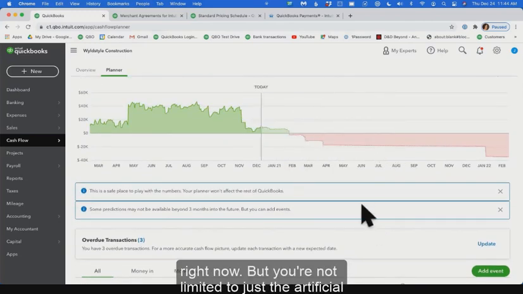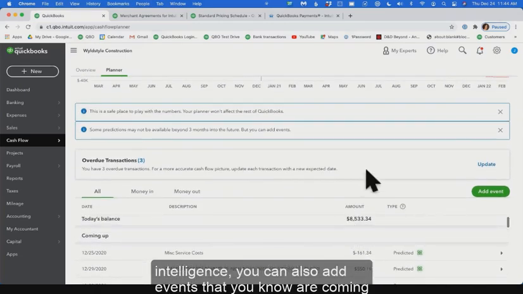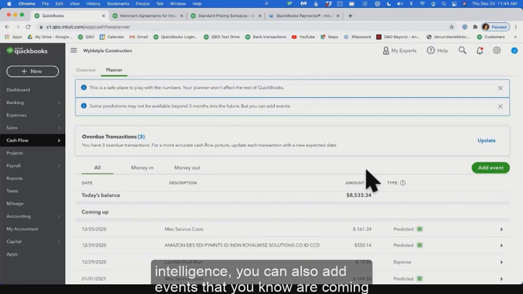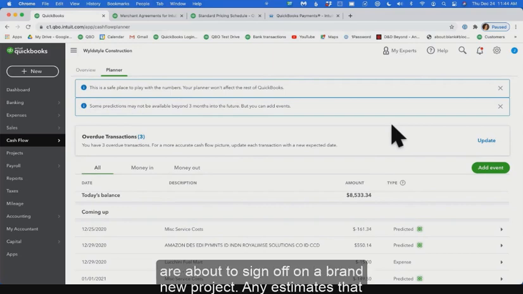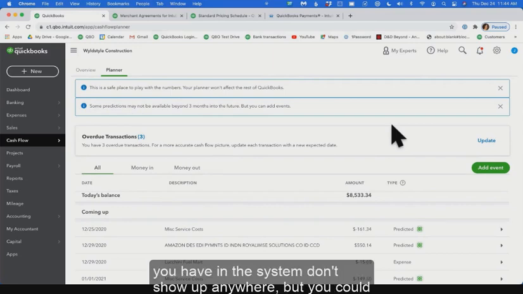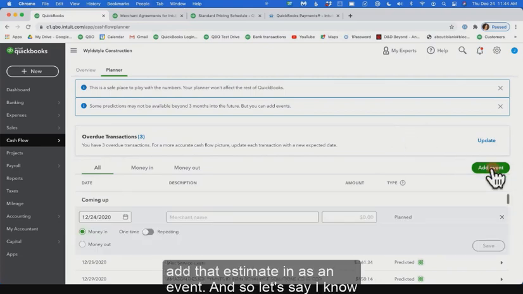But you're not limited to just the artificial intelligence. You can also add events that you know are coming up. So, for example, let's say you're a contractor and you are about to sign off on a brand new project. Any estimates that you have in the system don't show up anywhere, but you could add that estimate in as an event.